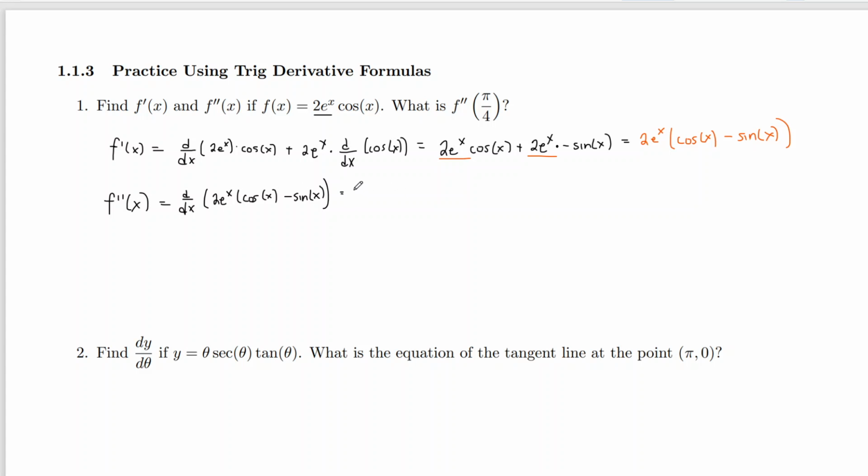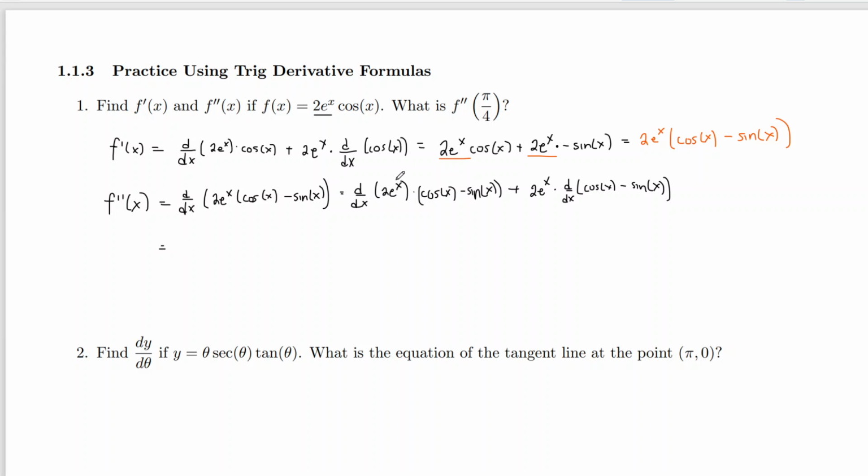Again, the product rule says do the derivative of the first, which is 2e to the x, multiply it by the second, which is cosine of x minus sine of x, plus the first, 2e to the x, times the derivative of the second, the derivative of cosine of x minus sine of x.